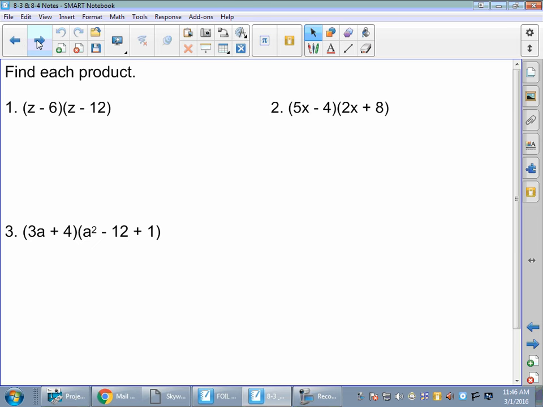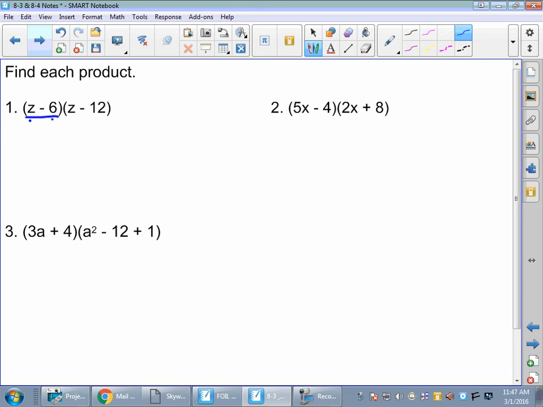The first of which is a binomial, z minus 6, times another binomial, z minus 12. There's really no advantage to breaking up one or the other, so I'm going to choose to break apart the first binomial. What I mean by break it apart is I'm going to rewrite it as a z, and then as a negative 6.